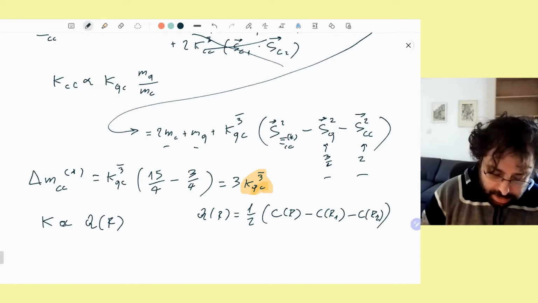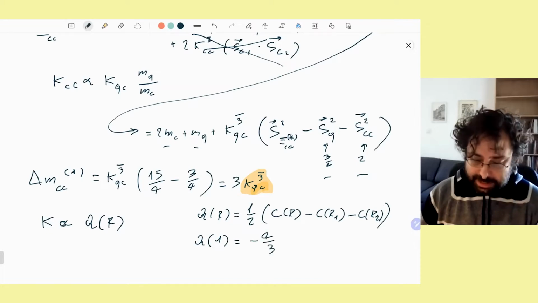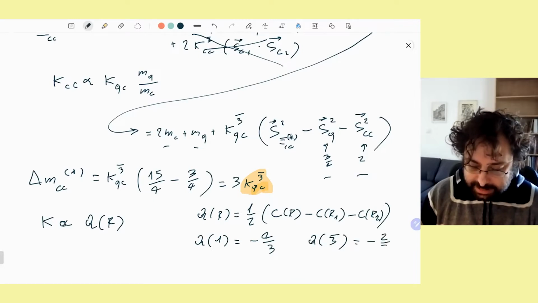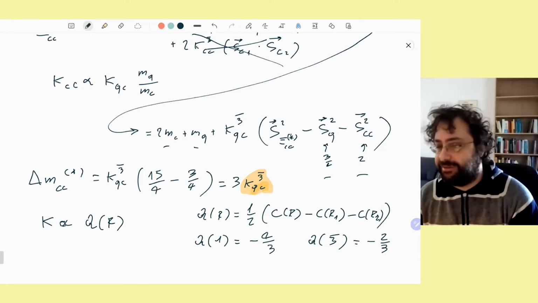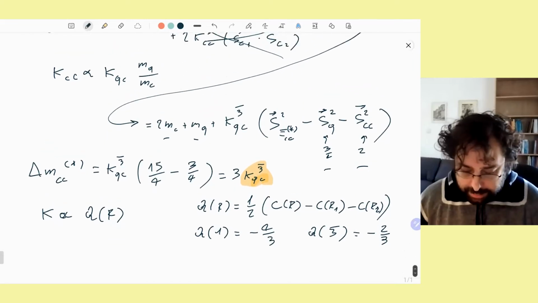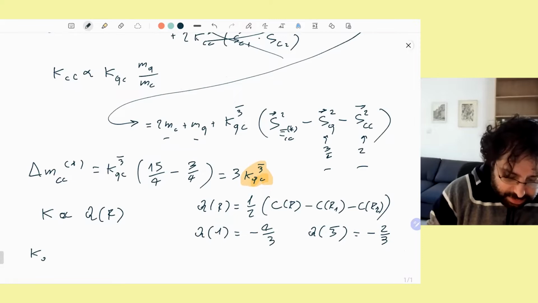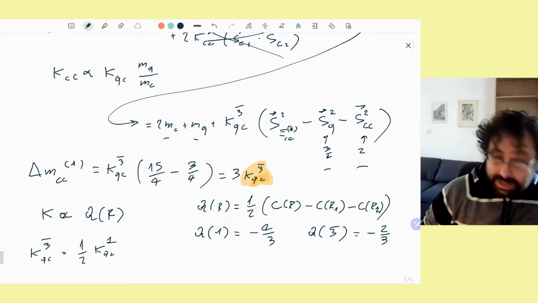And we saw that for the singlet this is minus 4/3, and for the anti-triplet this was 1/2 of that. So if you like, the strength of attraction in a diquark is 1/2 of the strength of attraction in a meson. So if we consider this factor of 1/2, we can claim that the K_QC in the 3-bar must be 1/2 of K_QC in the singlet case.